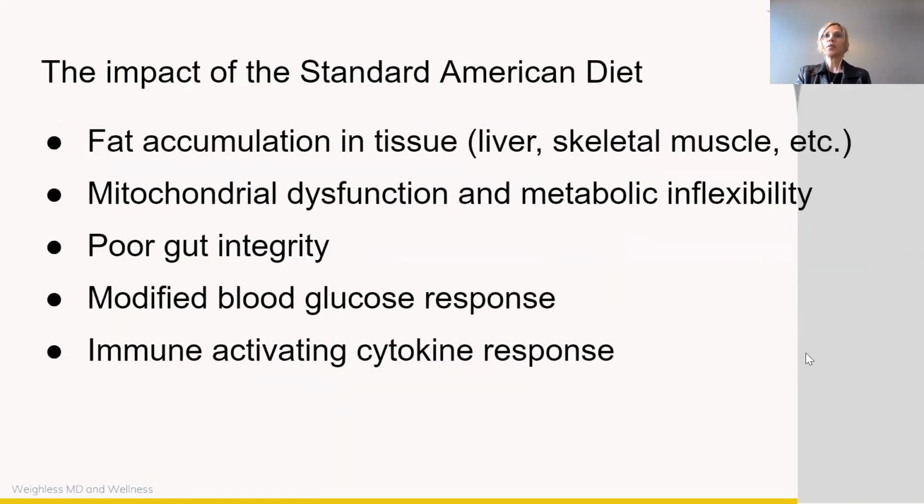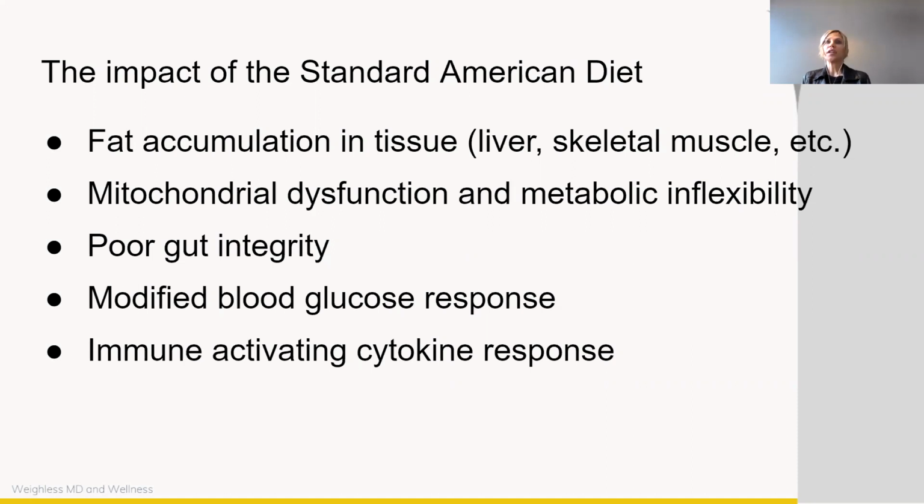So the impact of the standard American diet is that it is causing fat accumulation, and this fat accumulation is really an inflammatory accumulation. So again, it's surrounding the liver, the skeletal muscle, all of these vital organs that are now being affected.